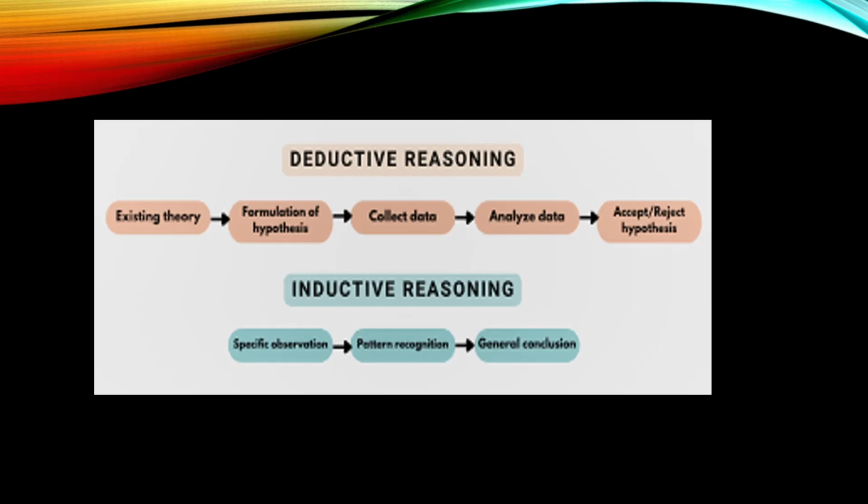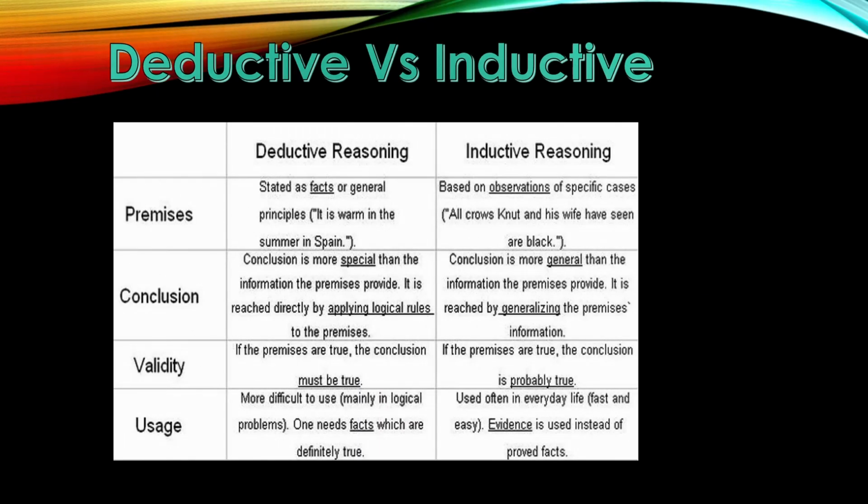Saying about inductive reasoning, it is moving from a specific observation or a particular point. Then we go through pattern recognition, or we test for it, and we generalize that concept. So inductive reasoning starts with a specific observation and ends with a general conclusion. These are the major differences between deductive theory and inductive theory, or deductive reasoning and inductive reasoning, as you can call it.